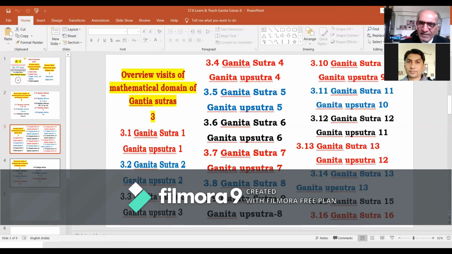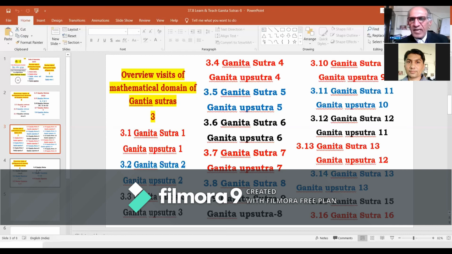A step ahead, Ganita Sutra 8, Puran Apuran Dhyam, is full of potentialities which of its own provides bridging of the gap for smooth transition to the mathematical domain of Ganita Sutra 9, and therefore it is this middle placement of this pair of sutras which have their distinctive role.